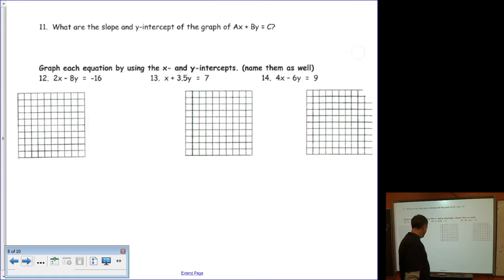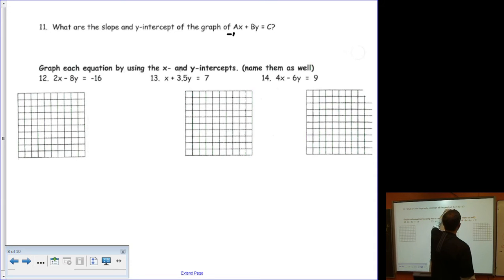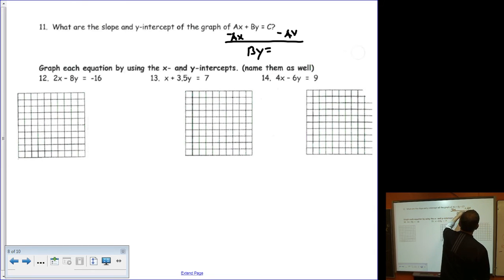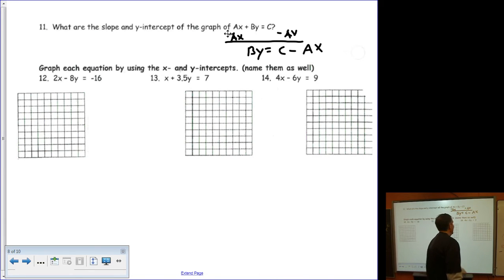Number 11, the slope and the y-intercept. So to get the slope and the y-intercept here, I need to get the y by itself. So I would subtract ax from both sides, giving me by equals c minus ax. And then I would divide everything by b.